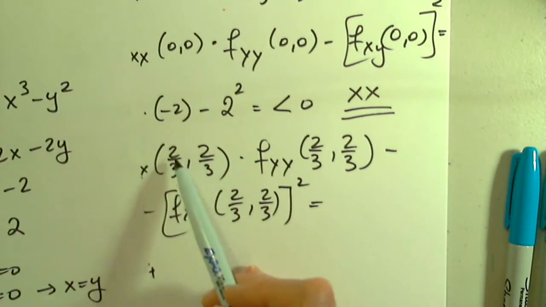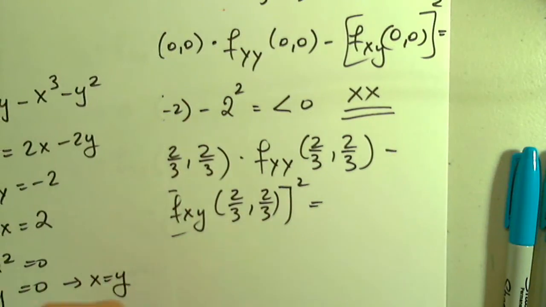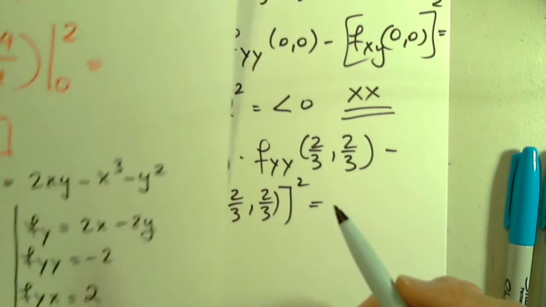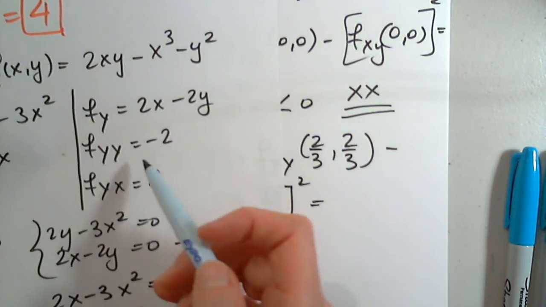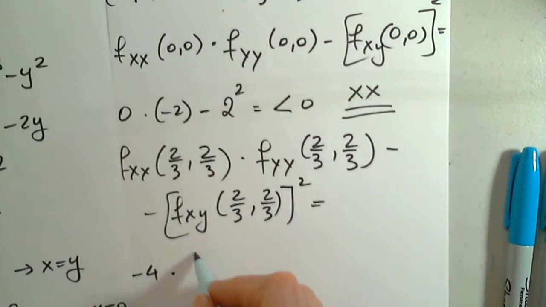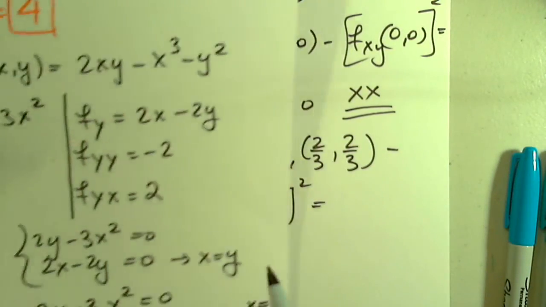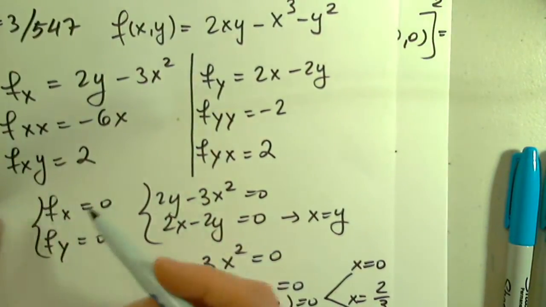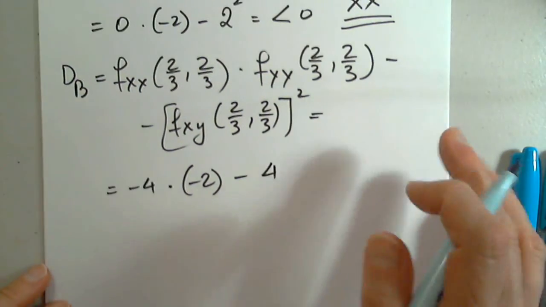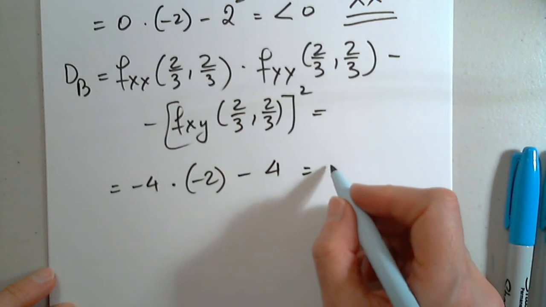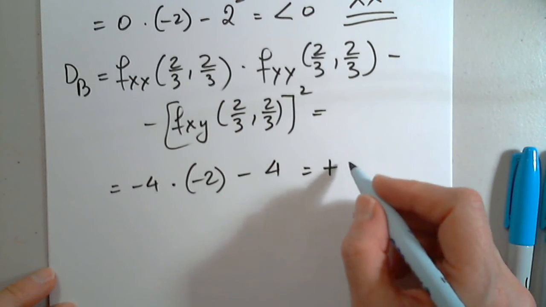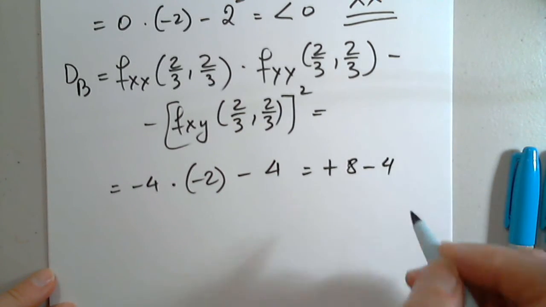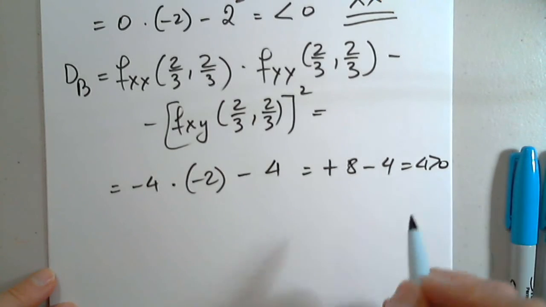So 6 times 2/3 will be 12 over 3, which is 4 with a minus in front, multiplied by fyy. I can't plug in anything, so it's just negative 2. Minus fxy, squared, is 4. Let's see what this gives. So this gives 8 minus 4, which is 4, a positive number.